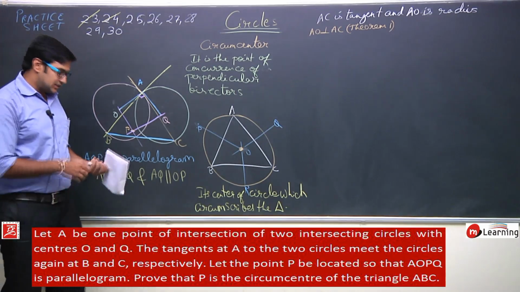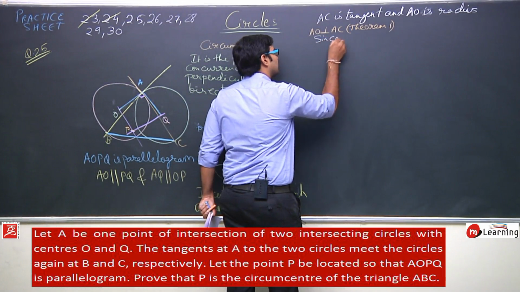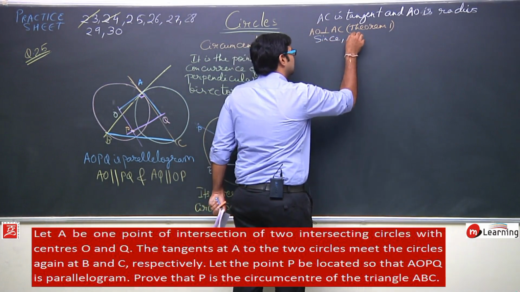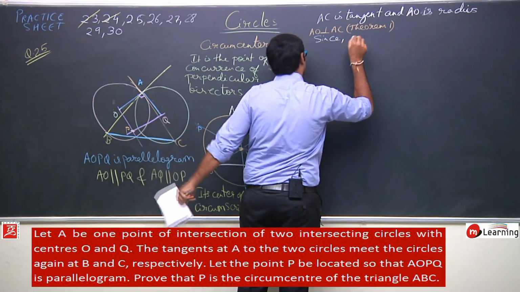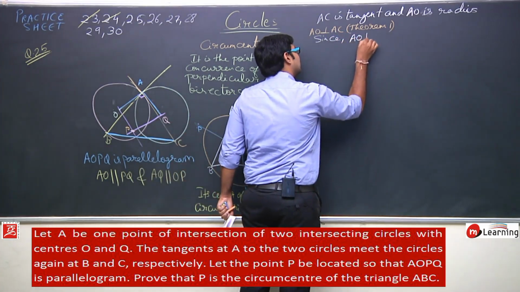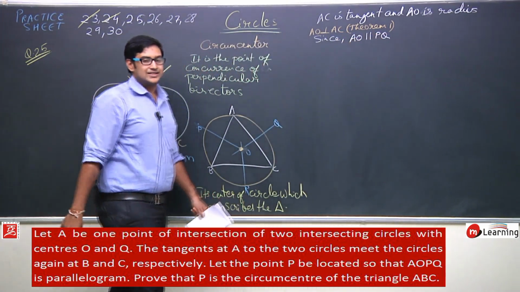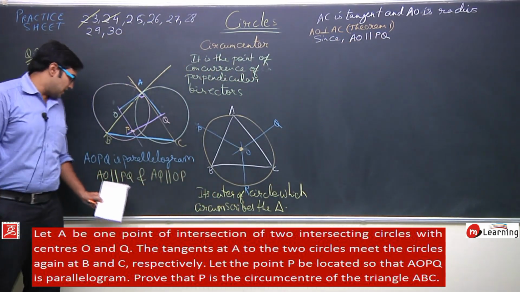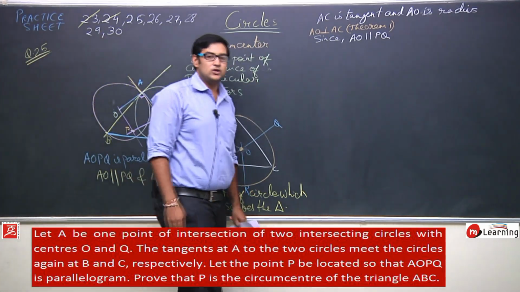Now since AO is parallel to PQ, why? Because AOPQ is a parallelogram, so AO is parallel to PQ.